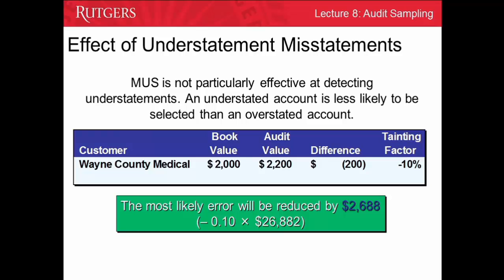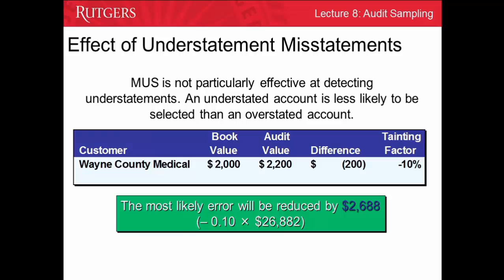Thus, an understated account is, by definition, less likely to be selected than an overstated account. So in the extreme case, an account could be missing or it could be 100% understated and recorded as a value of 0. In either case, the probability of the account being selected for audit will be 0.